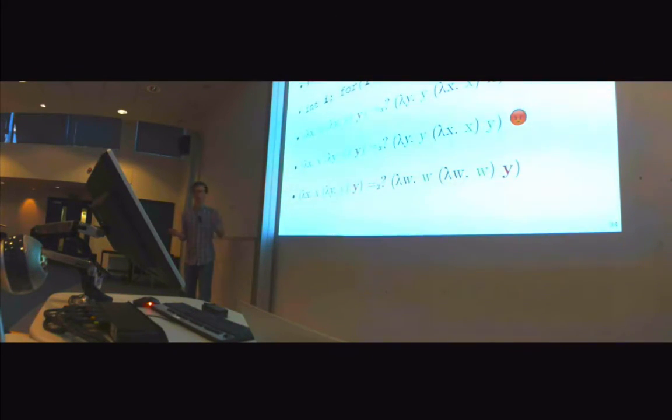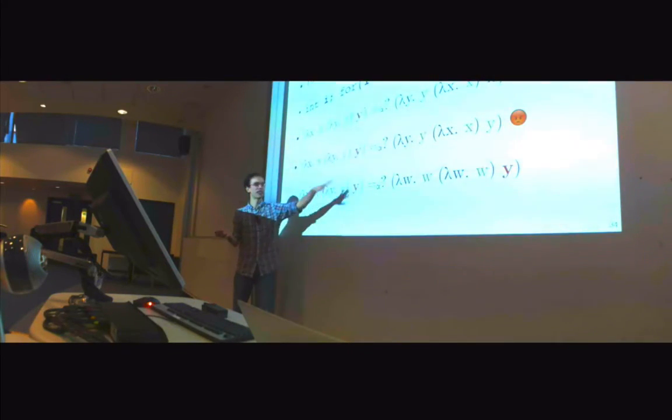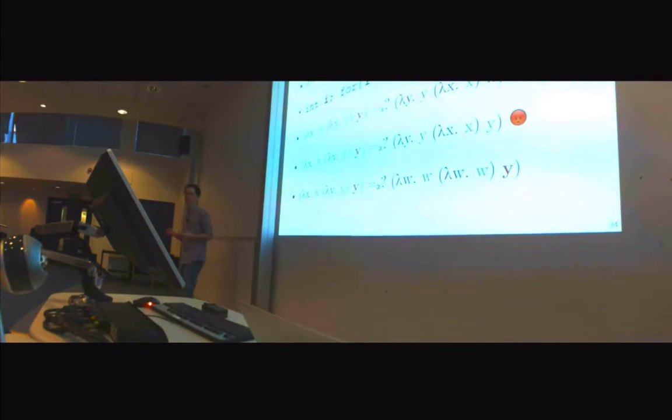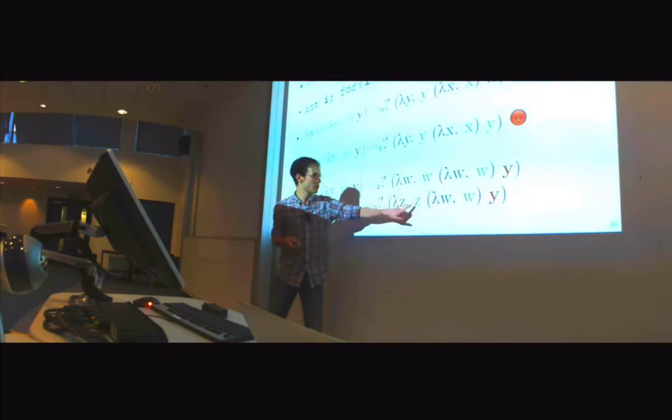We could rename the x to become w, or we could rename the w to become x. In fact, we'll take a third option, and we'll rename both of them to something completely different. This is a bit more symmetric for various other reasons. So let's say we'll pick an extra variable, let's say z. z is a good choice because z doesn't occur inside either of these terms freely. So let's do that. I've changed this x to a z, and this w has become a z.